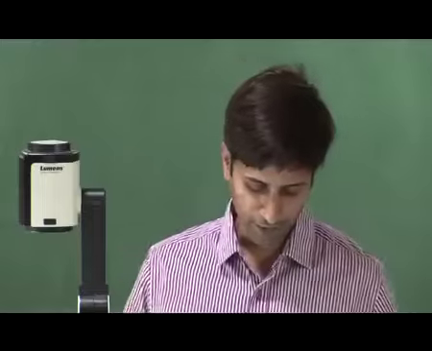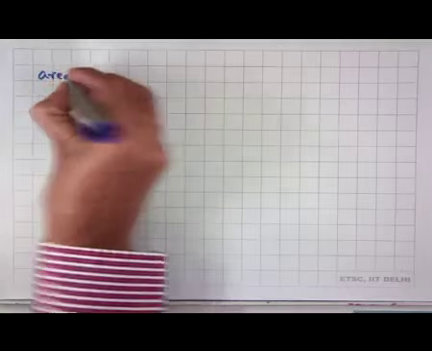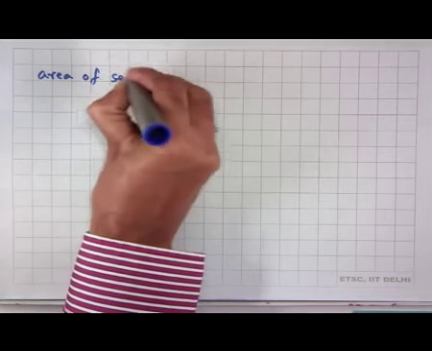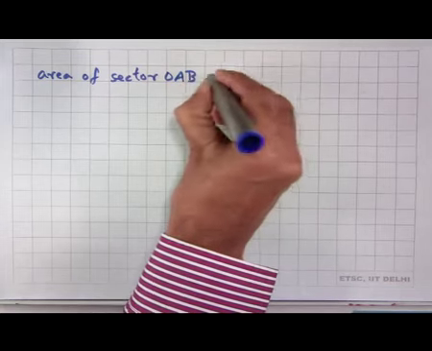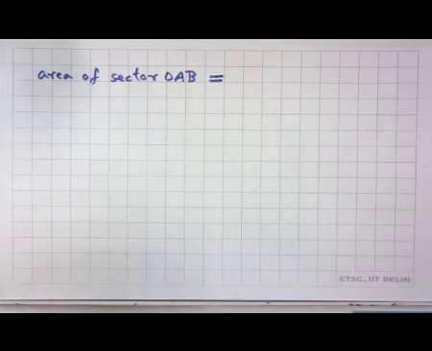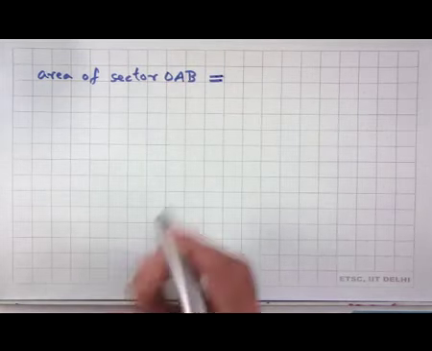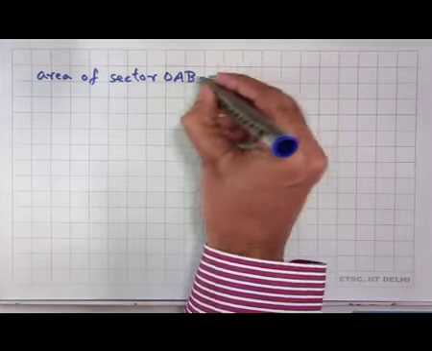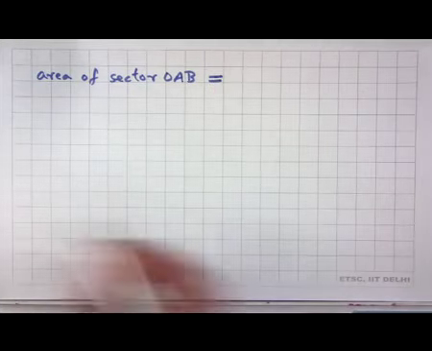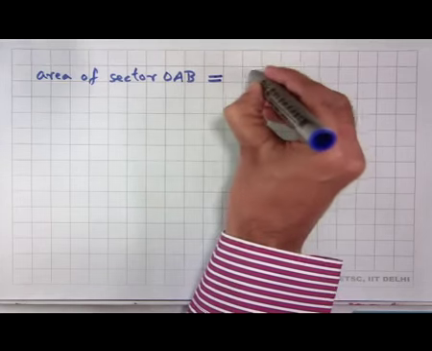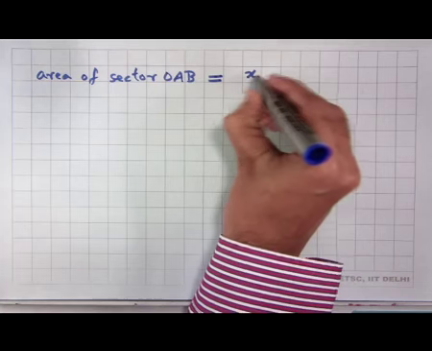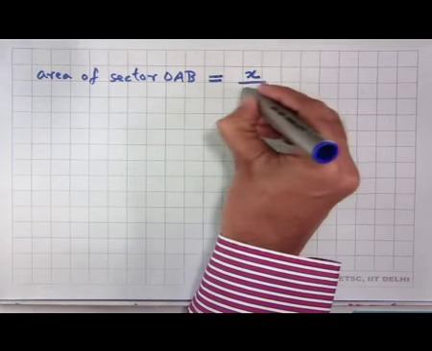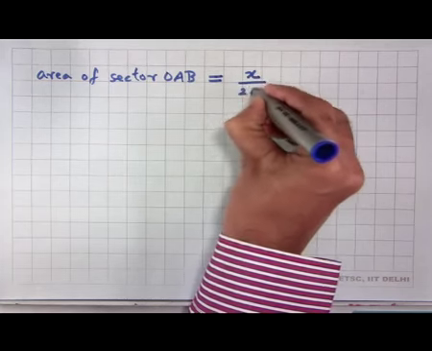Now, what is the area of the sector OAB? The area of the sector is in the ratio of the angle. So, we have the angle x divided by the total angle of the circle, 2 pi radian.